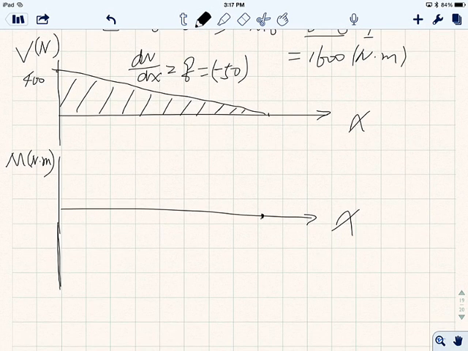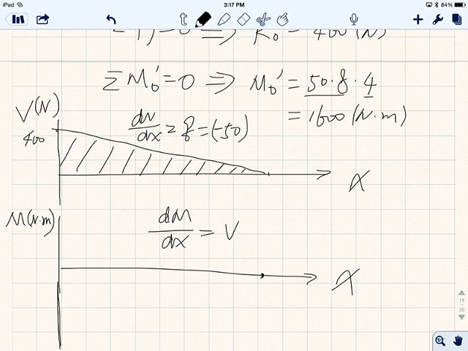So here's a tricky thing. Remember, we said dM over dx equals V, right? So all of V is positive over here. And I have a number of 1600 Newton times meter. So it should start either at a positive 1600 or negative 1600, right?